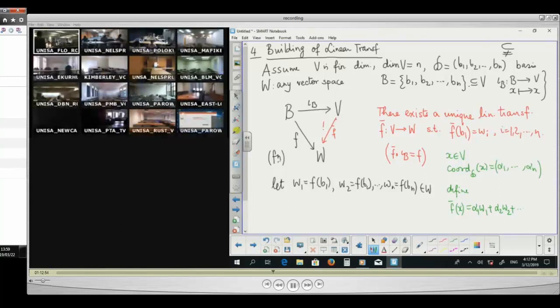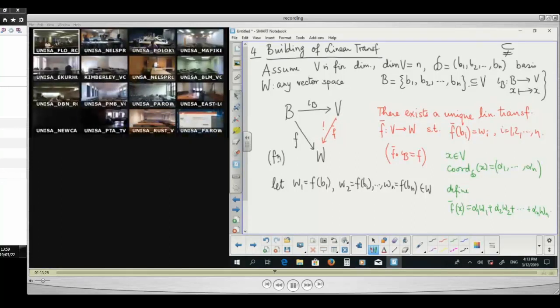See what I have done. F bar of alpha 1 B1 plus alpha 2 B2 up to plus alpha n Bn is actually, I am saying, alpha 1 W1. What is W1? F of B1. But what is B1? The coordinates are 1, 0, 0. So by this description, F bar of B1 is W1. So alpha 1 times F bar of B1, alpha 2 times F bar of B2, and so on.